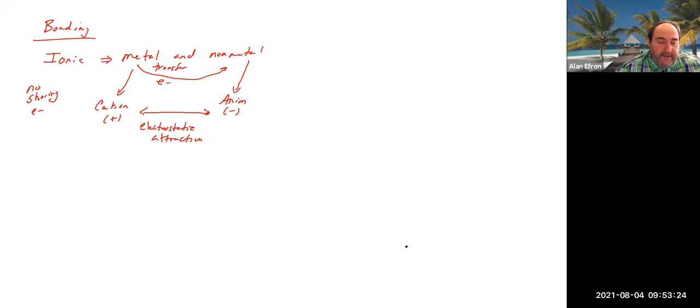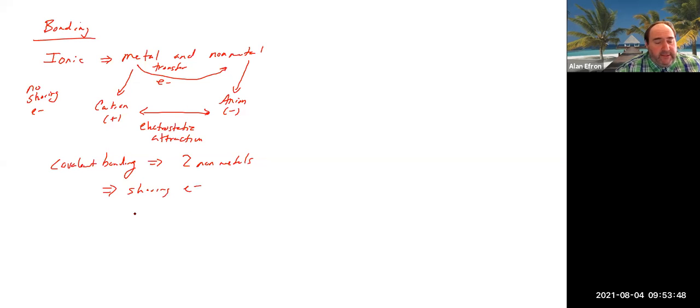Covalent bonding is between two nonmetals, and with two nonmetals we have basically sharing of electrons that occurs.